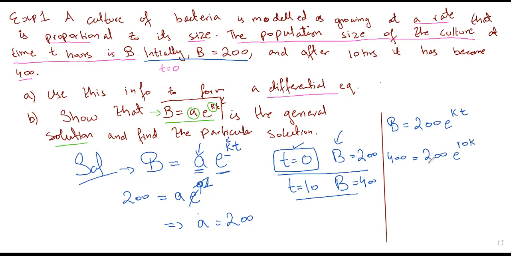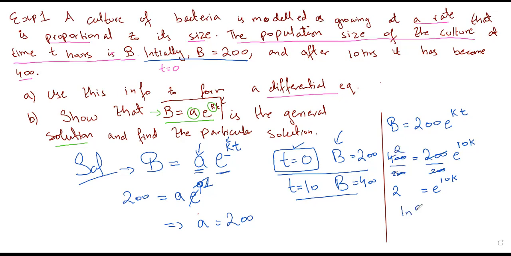Now I can take this to that side and I will get 2, because 400 divided by 200 is 2. I'll divide by 200. This would become 1 and this would become 2, right?